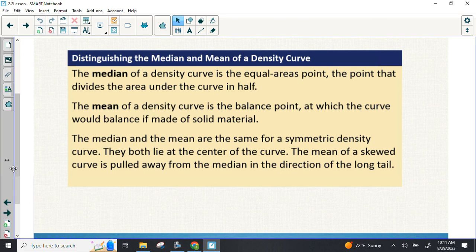Most important, if your distribution is symmetric, your mean and your median are exactly the same. So for a normal distribution, mean and median will always be the same because a normal distribution is always perfectly symmetric.